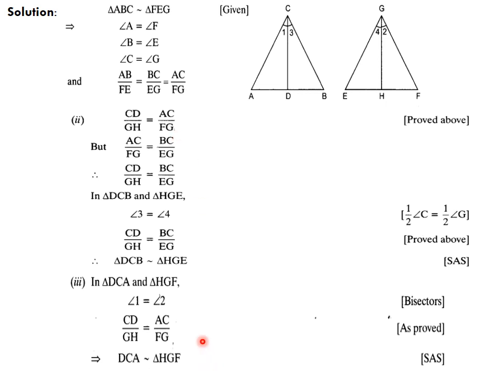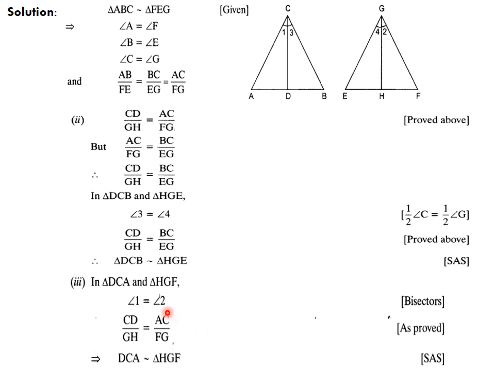In part 1, we have already proven that this triangle DCA is similar to HGF, but the name was quite different. So, if we have to prove the same thing, we can prove it by the ratio of the two sides and these equal angles, or we can do it in the previous manner as we have done in number 1.